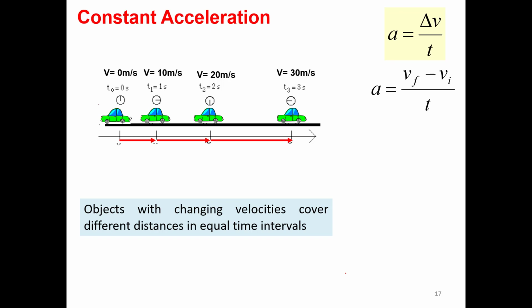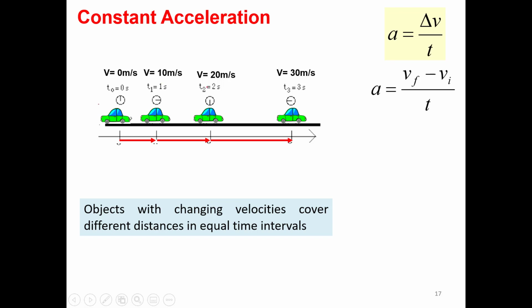We got this information: this car is moving. In the first second, from 0 seconds to 1 second, the velocity was increasing from 0 meters per second to 10 meters per second.